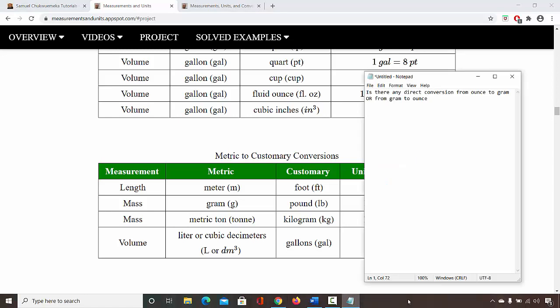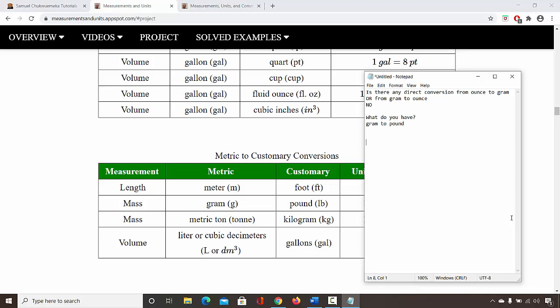And also to use only the tables you have, and make connections. So we don't have a direct one, but we do have something. What do we have? We have a direct conversion from gram to pound.